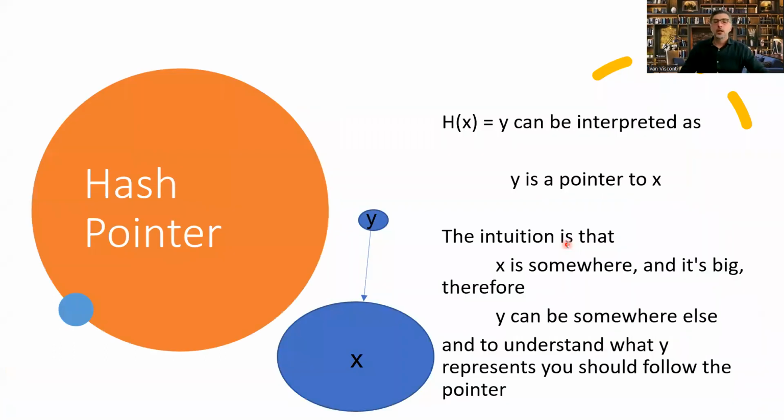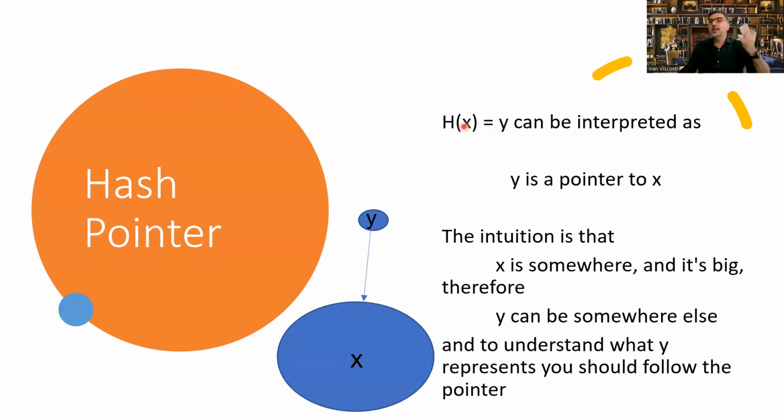Okay. So now that we have this tool, we can also try to imagine the hash function as a way to get a pointer. How? So when we have a big, large piece of information x, and we evaluate h of x, we get y. That is a very small piece of information. You can think that y represents x. Why? Because it's collision resistant.